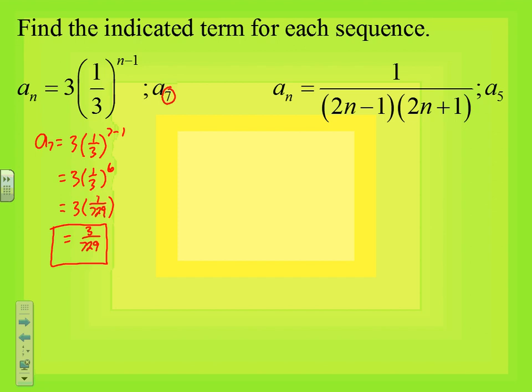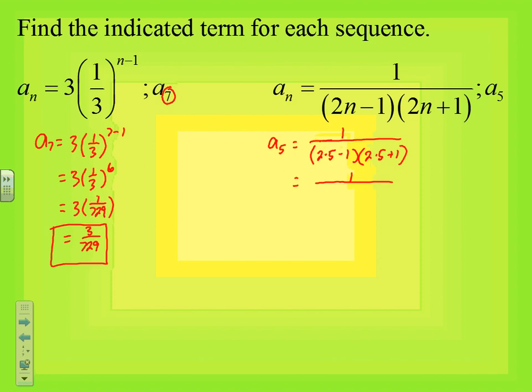And so now the last example that we see here on the screen, well, what is the 5th term of this sequence? So we'll say A sub 5 is equal to 1 over, and in parentheses here, we'll say 2 times 5 minus 1, and here I'll say 2 times 5 plus 1. So simplify each individual parenthesis first.